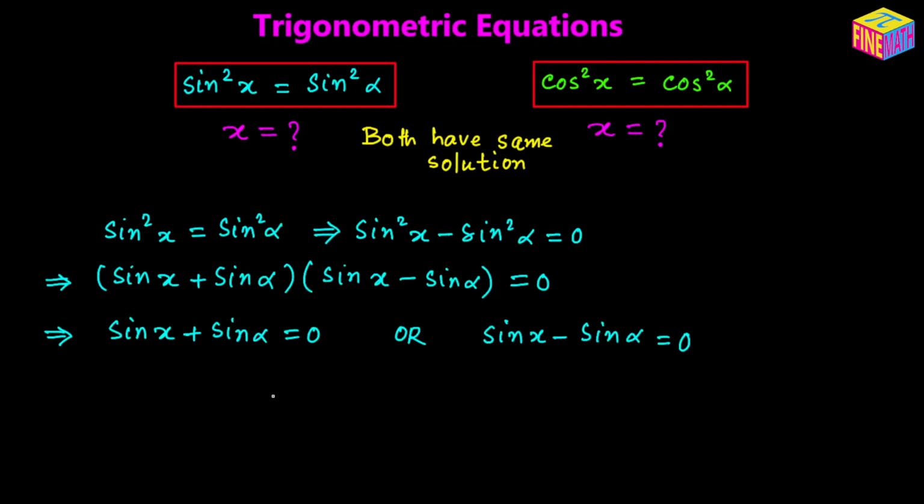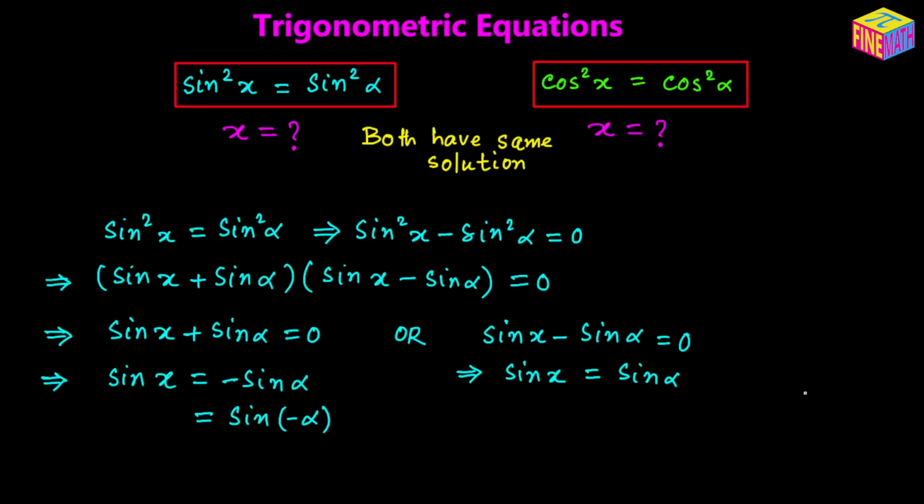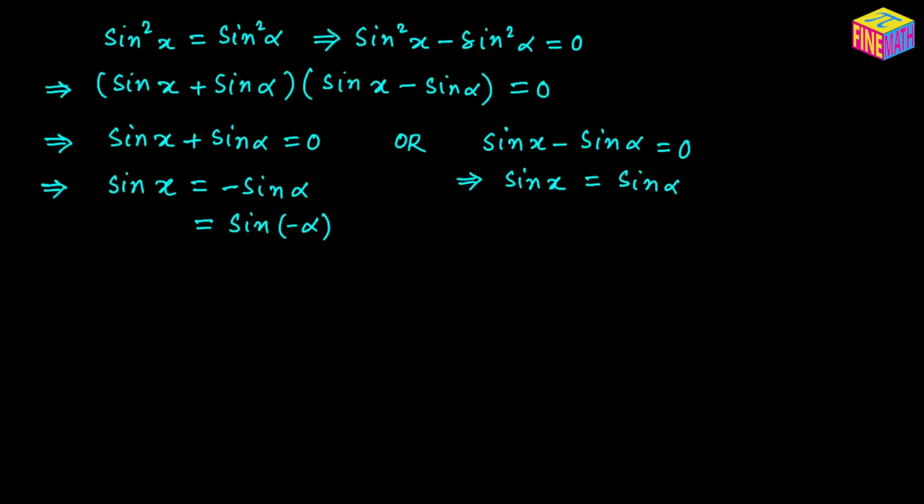Now from each of them, let's see what we get. One can be written as sine of x equals sine of negative alpha, and from the other factor we get sine of x equals sine of alpha. In the previous video, we have seen that the general solution for sine x equals sine alpha is x equals n times pi plus negative 1 raised to the power n times alpha. So let me write down the general solution for these two equations.